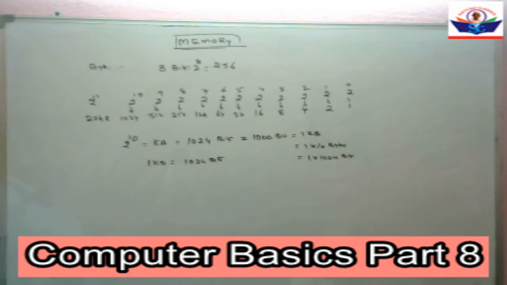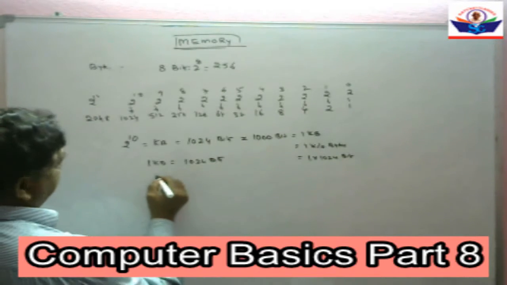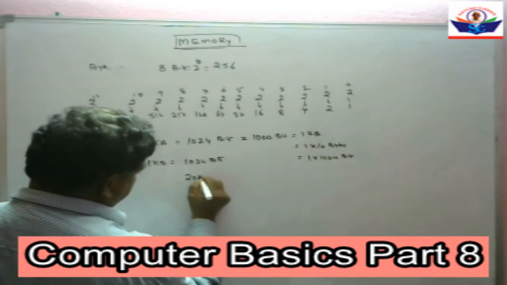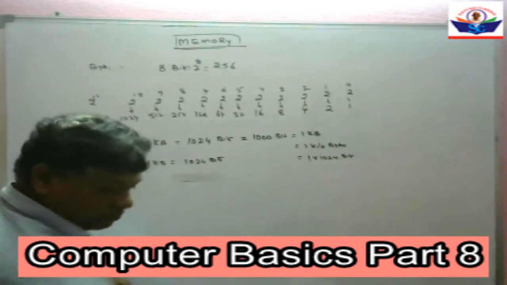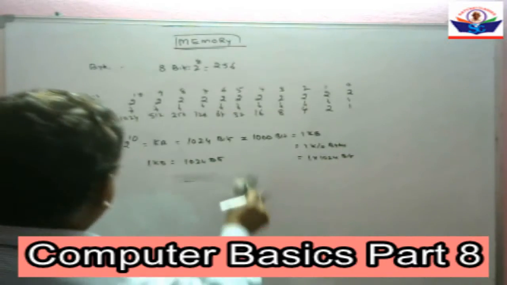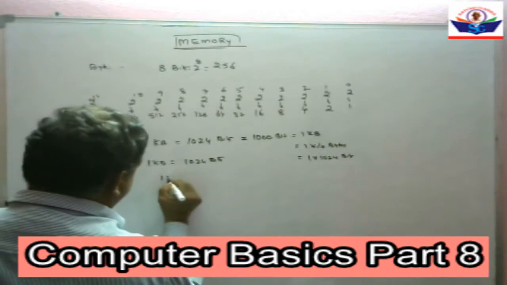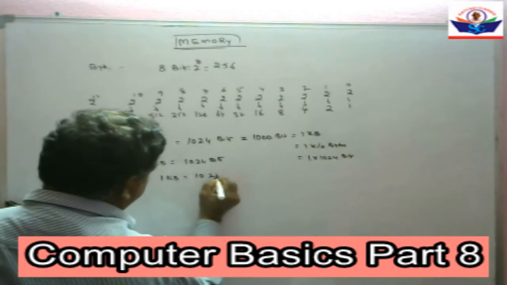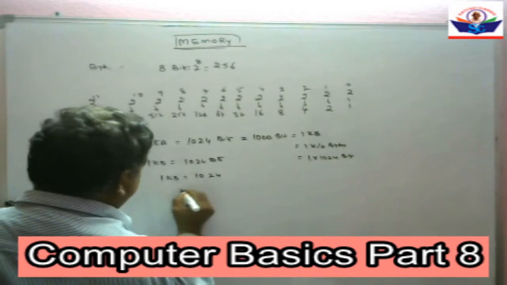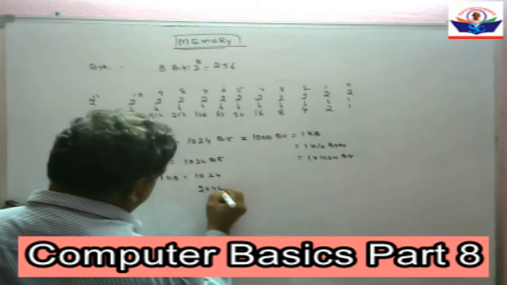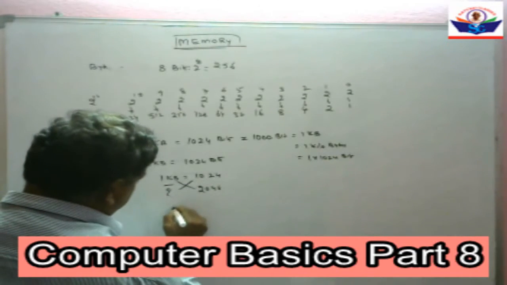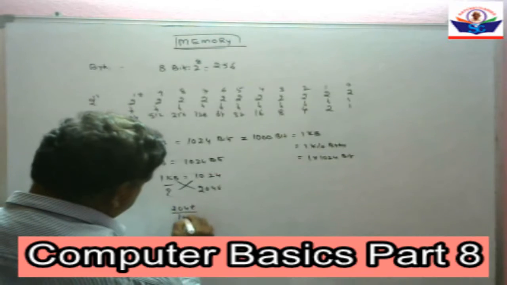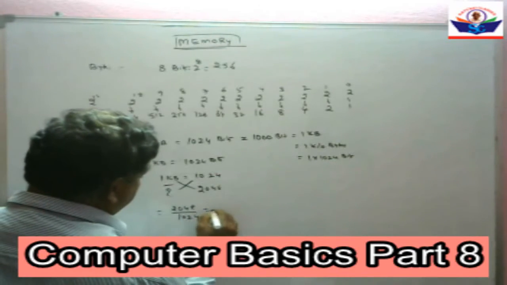2 to the power of 11 is 2048. How many KBs is that? 1 KB is equal to 1024, so cross multiply: 2048 divided by 1024 is equal to 2 KB.